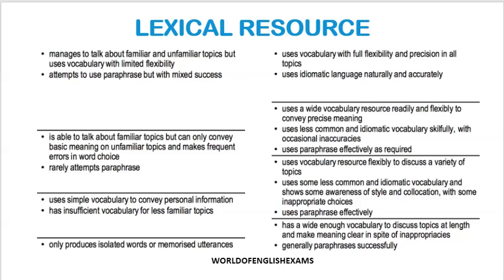That means if I am familiar with a particular topic, I can speak at length about that. However, if I am given a topic which I don't know, then I'm unable to extend my ideas and speak. So the band score falls down to 3.